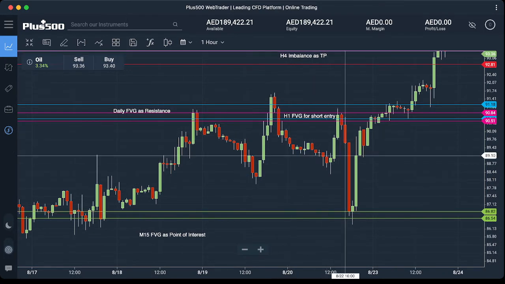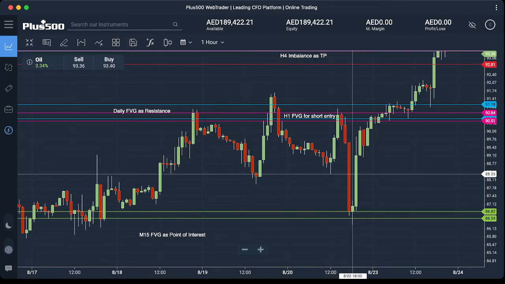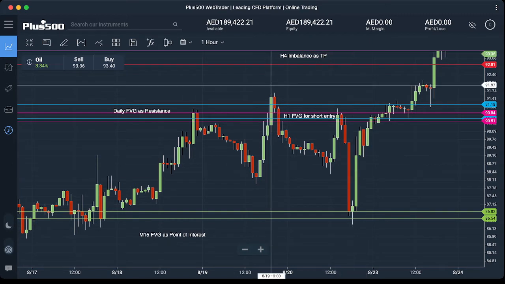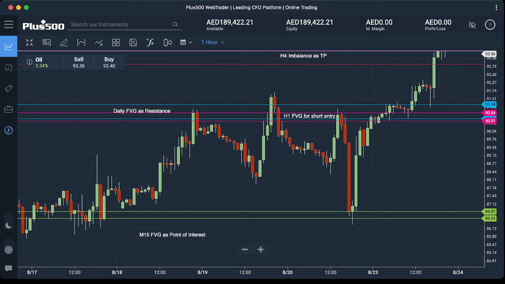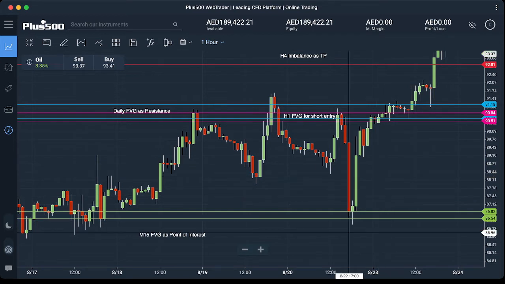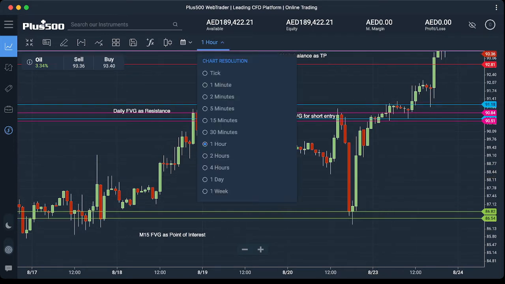And then we had the chance to enter the market. I'm going to show you even the 1 minute chart to exactly show you how the price was made ready for the delivery to the downside. So let's go to the 15 minutes chart first.